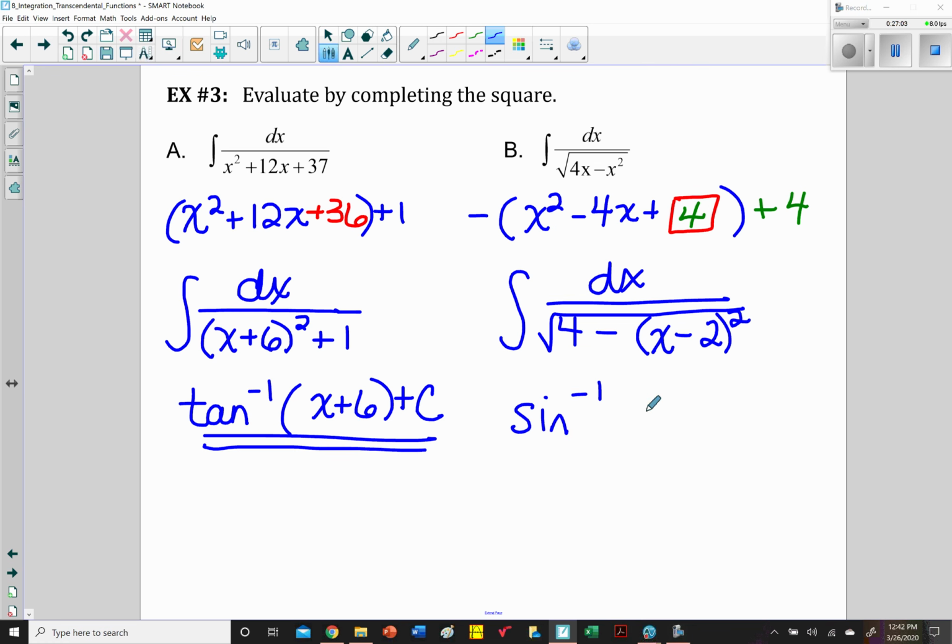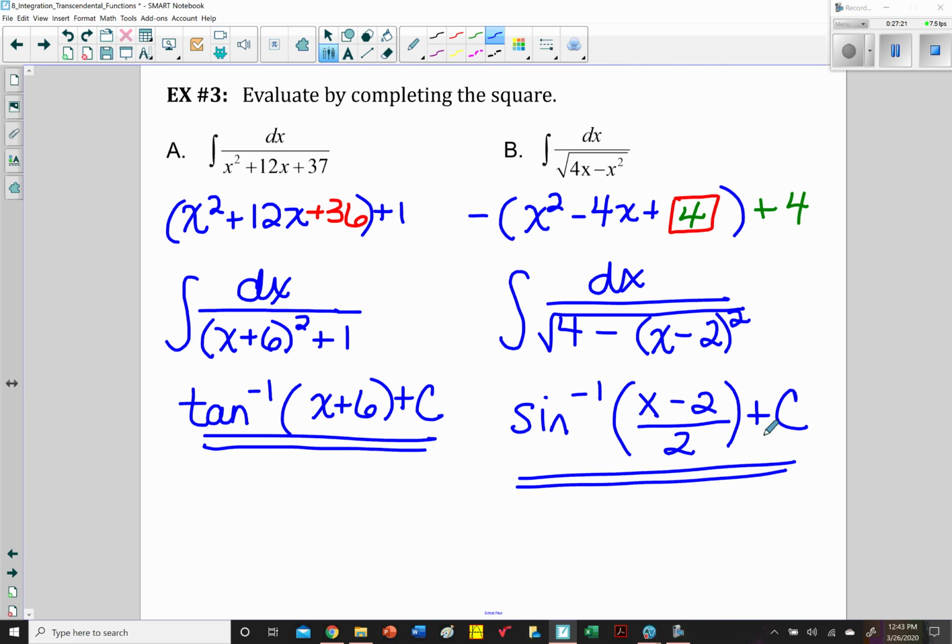Sine inverse, and we have the u, x minus 2, over the a, which is 2, for the argument, sine inverse.